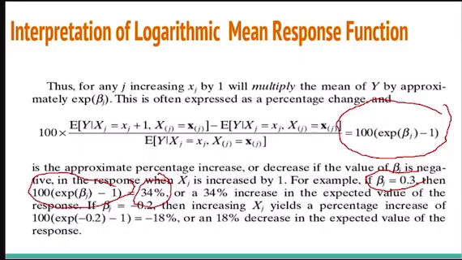So I'm going to say a unit increase in X brings about a 34% increase in Y. Does that make sense? So whenever the response is log and the predictor is not log, you're only going to talk about a change in X bringing about a percentage change in Y.